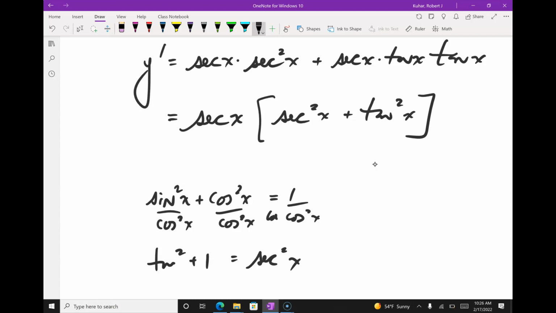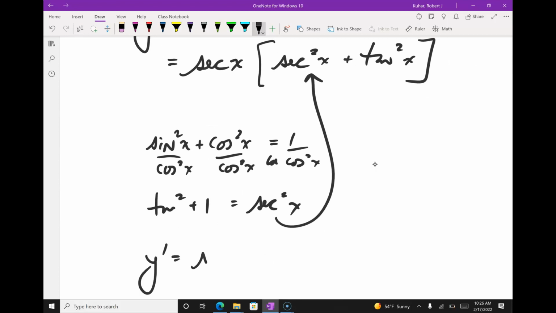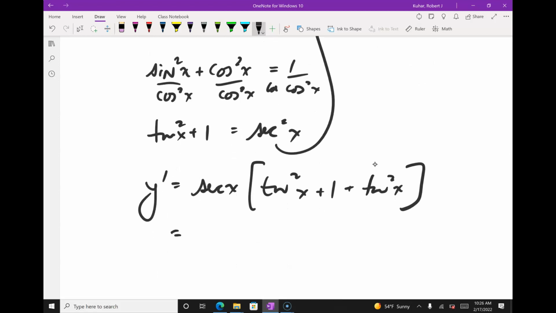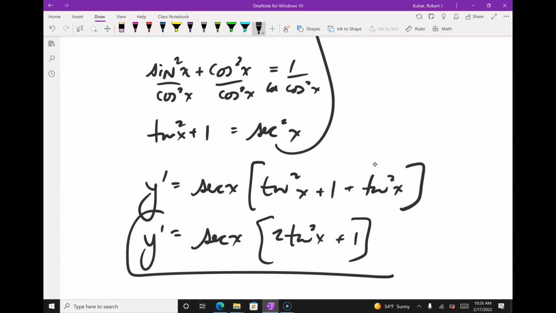So you could see I could substitute in for secant squared here. And then what would I get for y prime? I'd get secant x times tan squared x plus 1 plus tan squared x, which is secant x times 2 tan squared x plus 1. To me, that looks a little bit simpler. I don't know if the book does much with trig identities, but you certainly could try one.